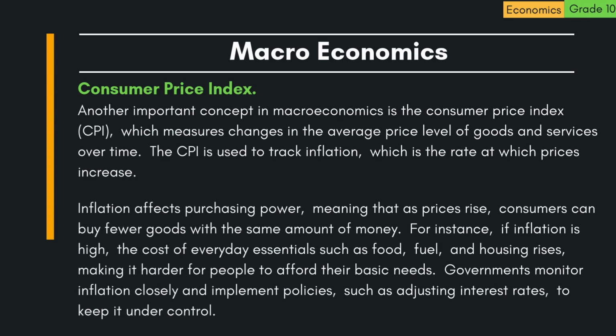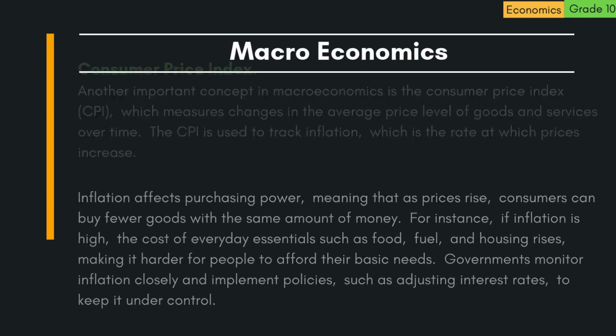Inflation affects purchasing power, meaning that as prices rise, consumers can buy fewer goods with the same amount of money. For instance, if inflation is high, the cost of everyday essentials such as food, fuel, and housing rises, making it harder for people to afford their basic needs. Governments monitor inflation closely and implement policies, such as adjusting interest rates, to keep it under control.